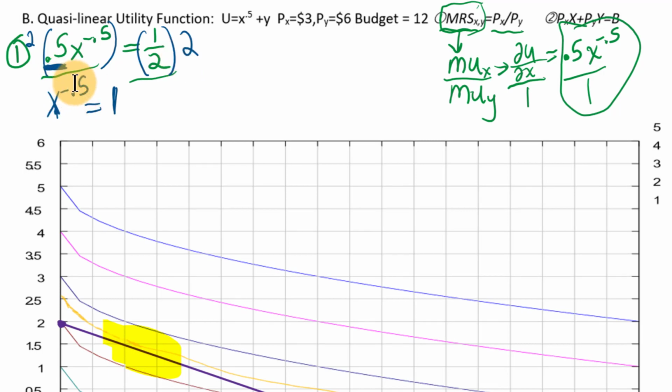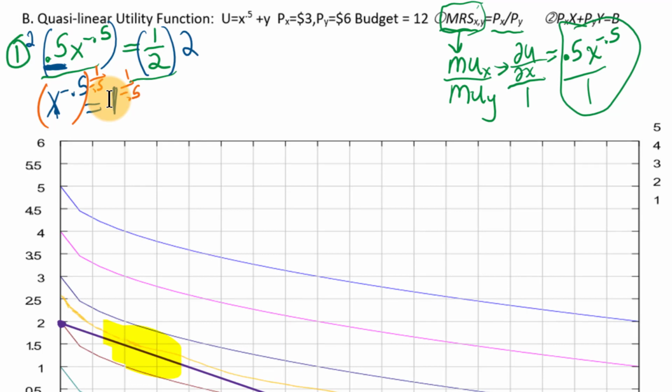What do we do to get rid of that minus 0.5 power? Well, the way to get rid of any power is to raise both sides to 1 over that power. So raise that to 1 over minus 0.5.